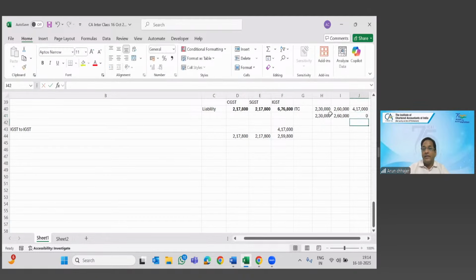Now tell me, you have the IGST liability, CGST liability, SGST liability. You have the ITC of the CGST, you have the ITC of SGST.